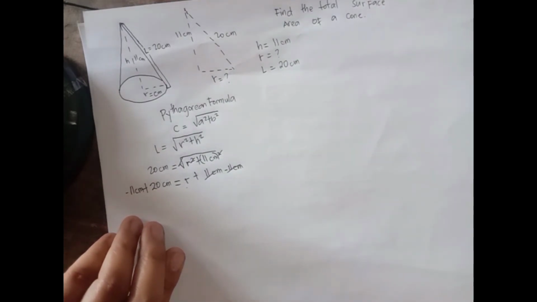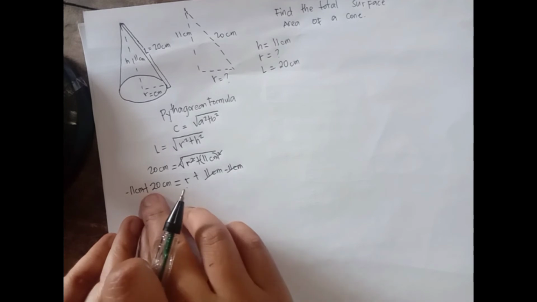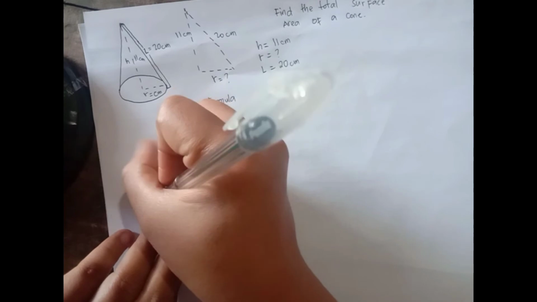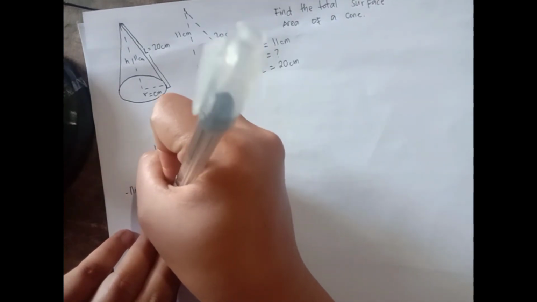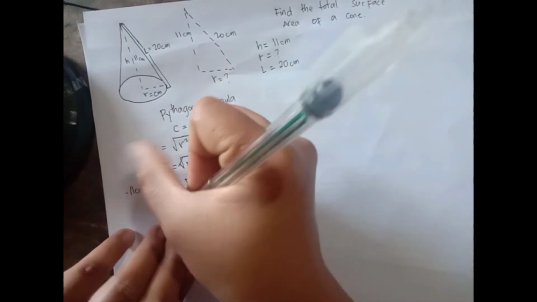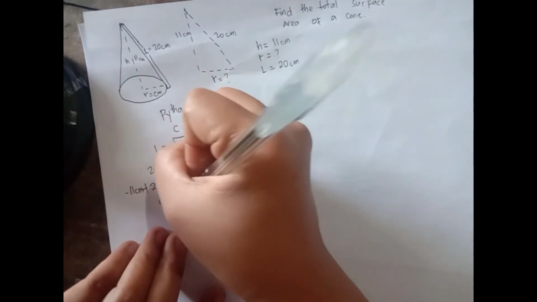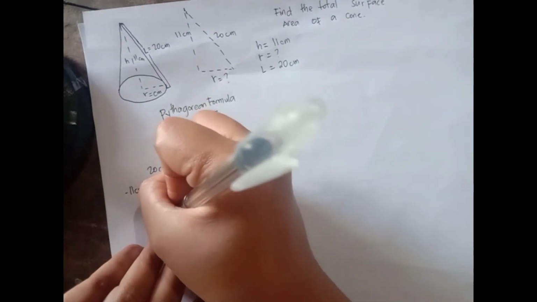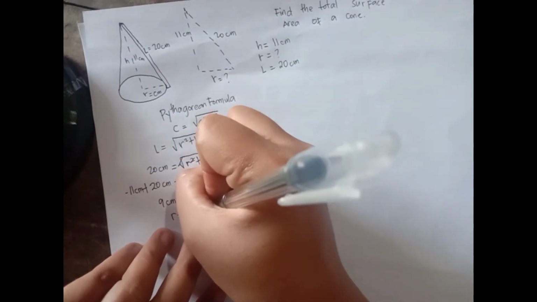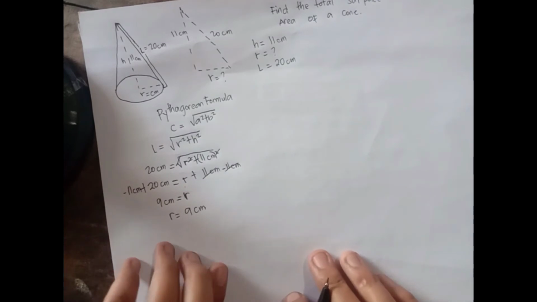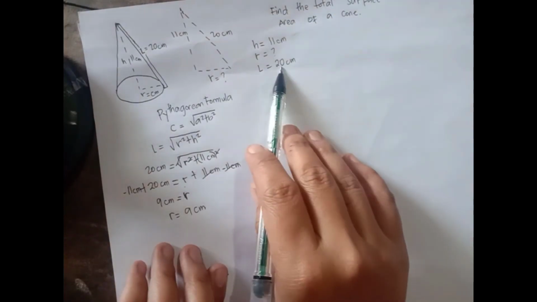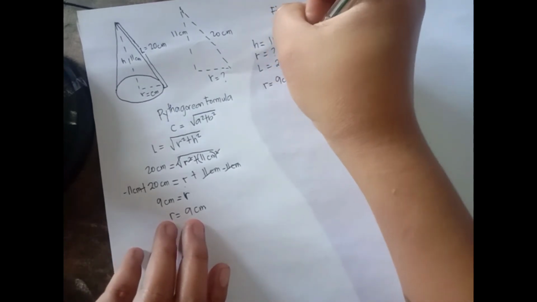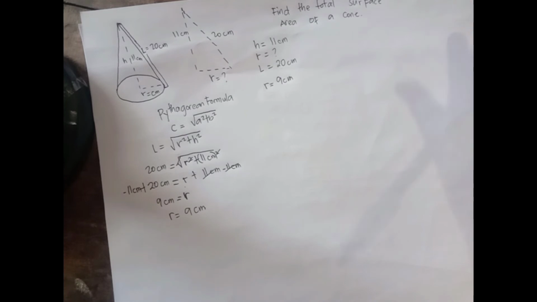Okay, so, negative 11 plus 20 cm is equals to, yes, positive 9 cm. So nakuha na ba natin ang radius? Yes, ang ating radius is equals to 9 cm. So, now, meron na tayong radius, meron na tayong slant height.